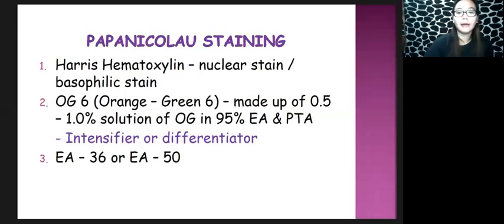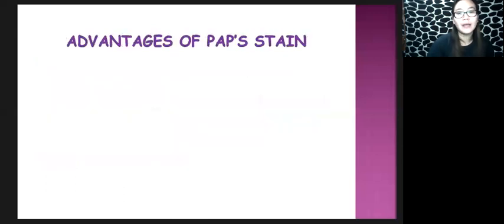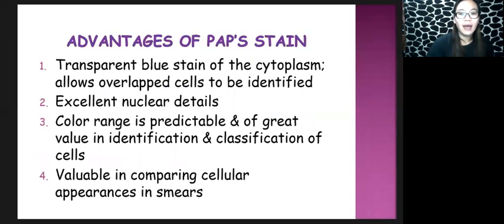So those are the different important steps in your Papanicolaou staining, or your PAP staining. What are the different advantages of your PAP staining as compared to the other staining techniques that we use in exfoliative cytology?